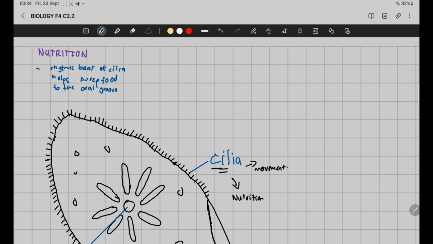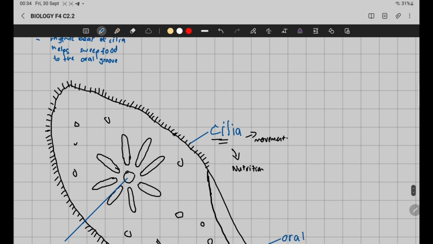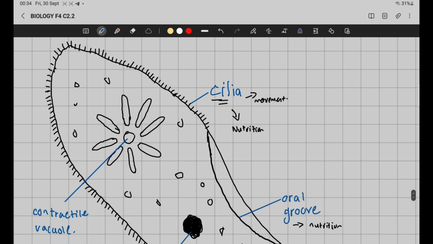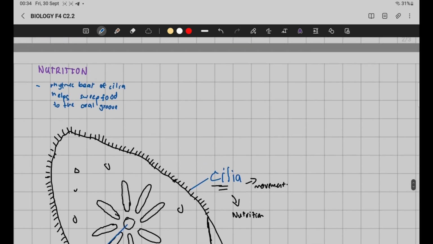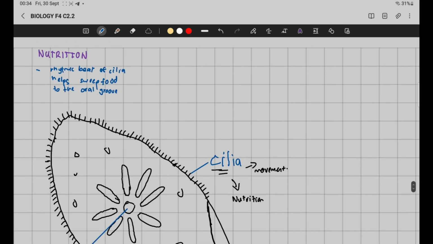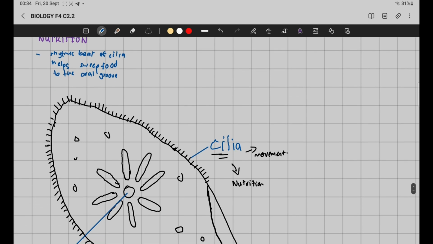You can imagine you're sweeping the floor, just like you sweep the floor. Same goes for the paramecium. They sweep the food into the oral groove, and then again the food vacuole will form.